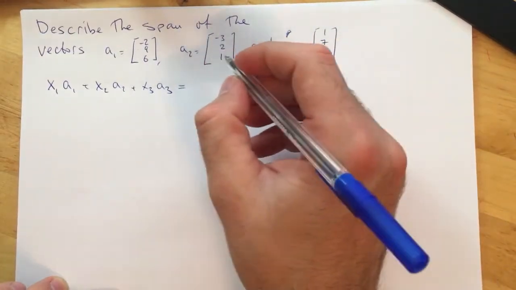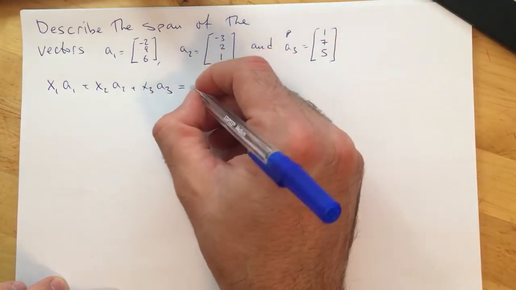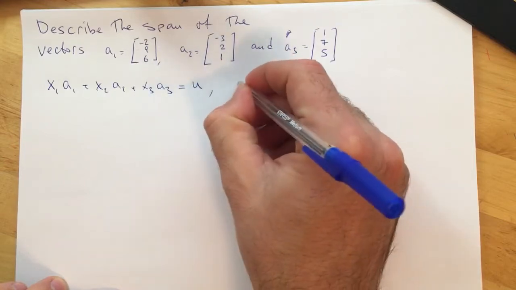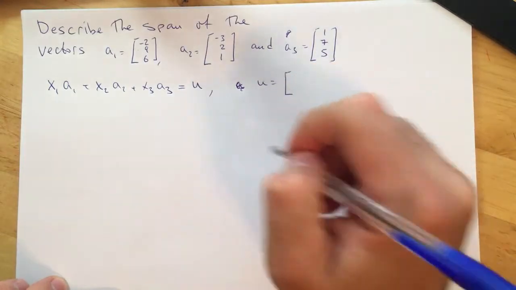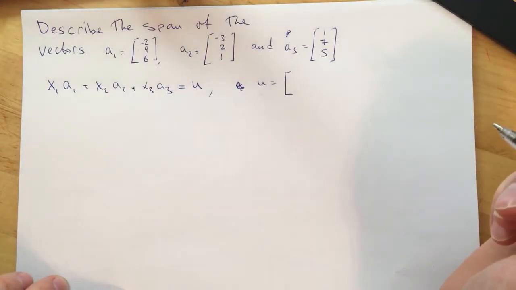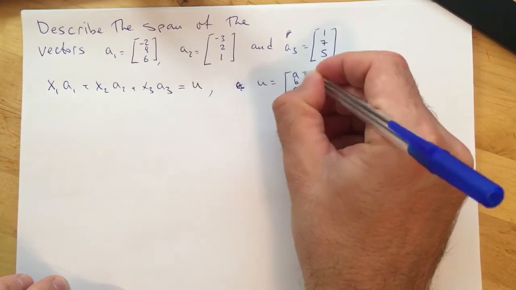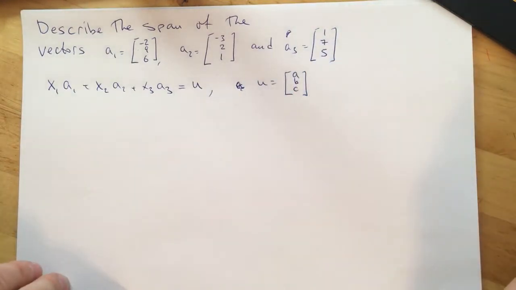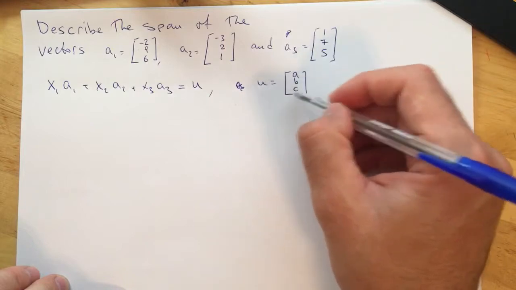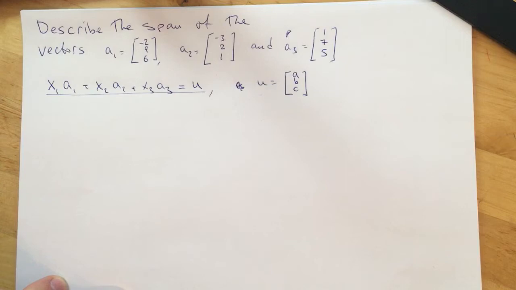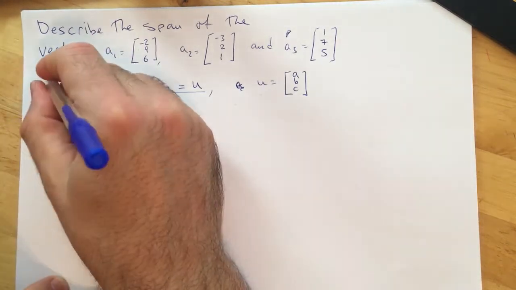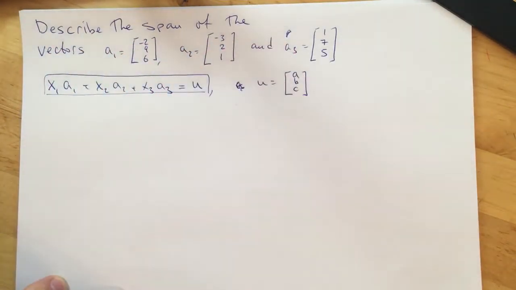Take any vector, let's call it u, where u has the most general form a, b, c. I don't know how much a, b, c are. So I want to find the relation between these such that this system would be consistent, or spoken with the language of this particular section, such that this vector equation will be satisfied.